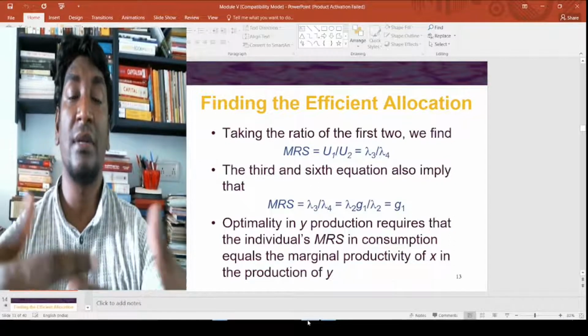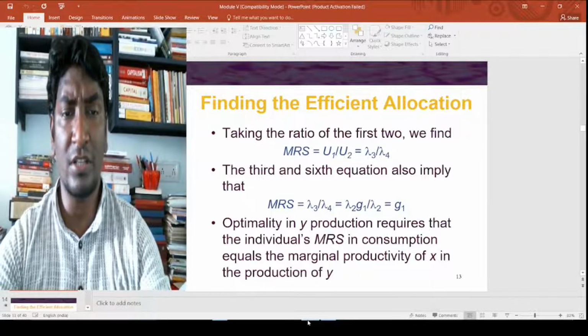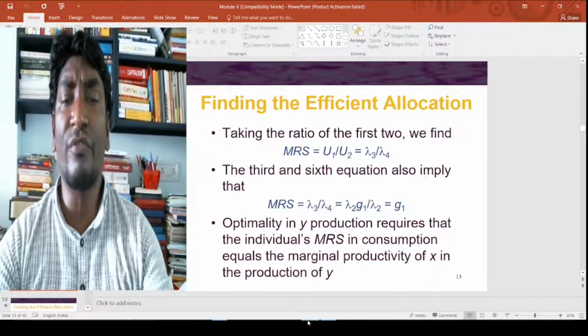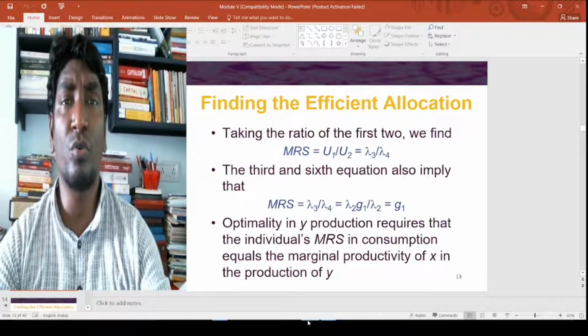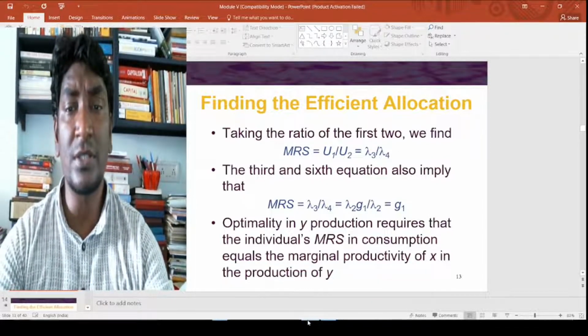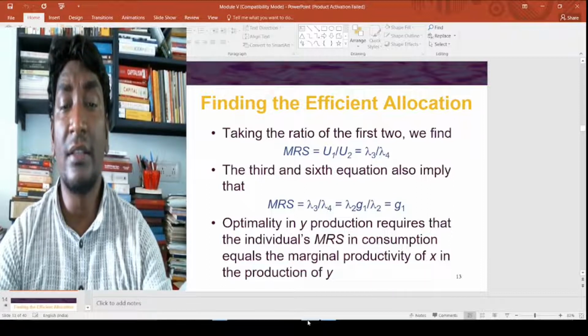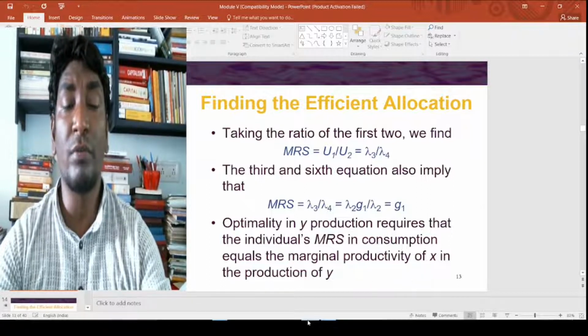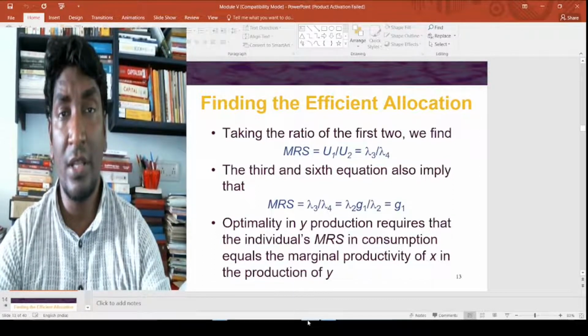This portion we have already discussed in the second semester, so I'm not going into the details. Taking the ratio of the first two, we find the marginal rate of substitution, which is equal to U1 by U2, which is equal to the ratio of lambda 3 and lambda 4.